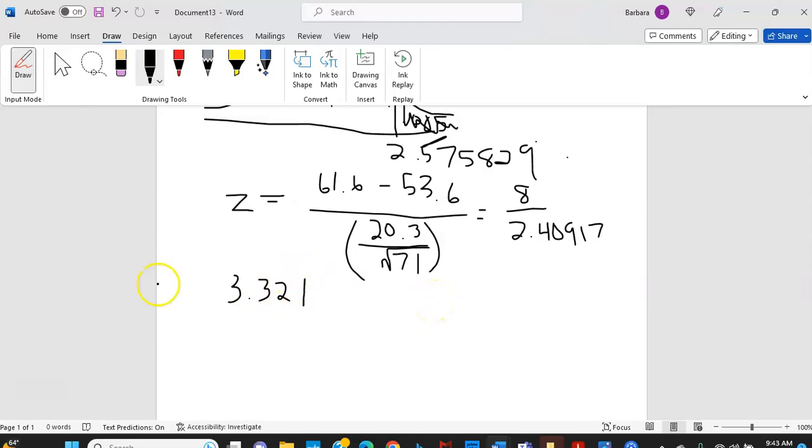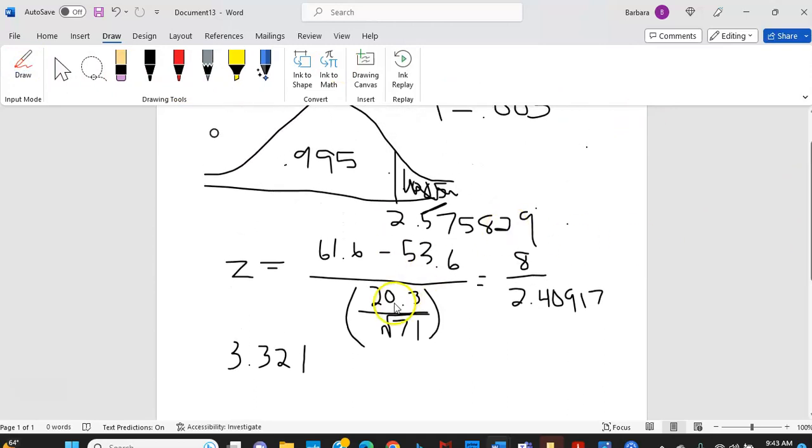Now let's look back up at our picture. Notice that 3.321 is bigger than 2.576, and so that means it's in our rejection region. If it's in that rejection region, we're going to reject the null hypothesis in favor of the alternate.